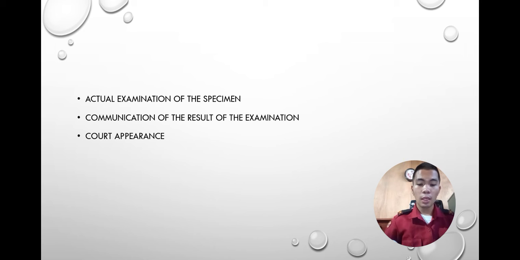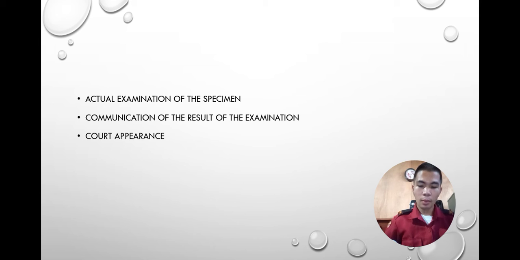So they examine the evidence that they found in the crime scene in order to know whether that evidence is genuine. Then number 7 is to conduct blood alcohol determination.